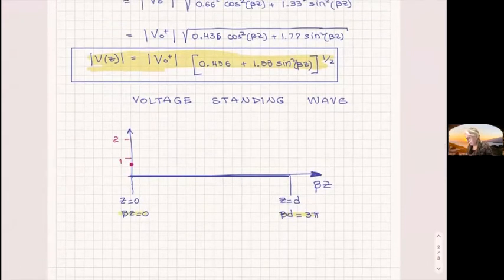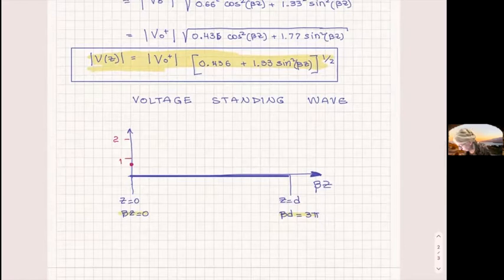At beta z equals 0, sine is 0, so it starts at 0.436. At beta z equals pi over 2, so now I can split it. This is going to be pi over 2, 3 pi. So I need to have 3 pi's in there.